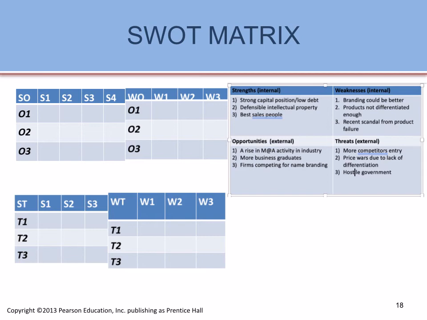What is the principle or rationale behind the WO strategy? It is how can you use your opportunities to overcome the weaknesses you are experiencing in your internal environment. So use the opportunity to overcome or minimize the weaknesses.